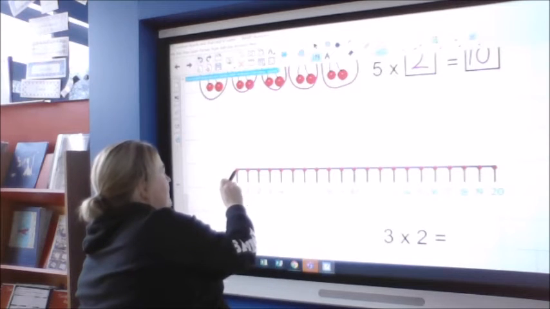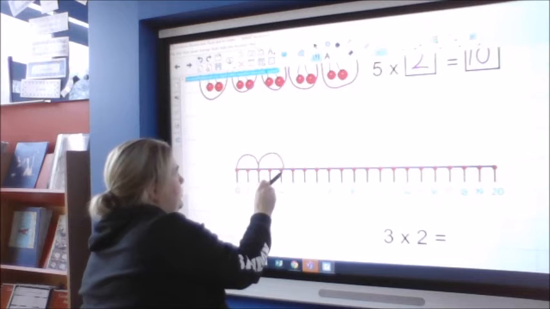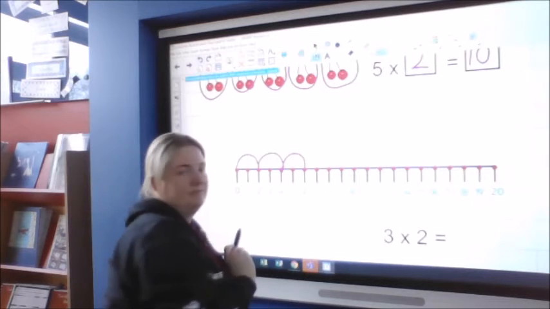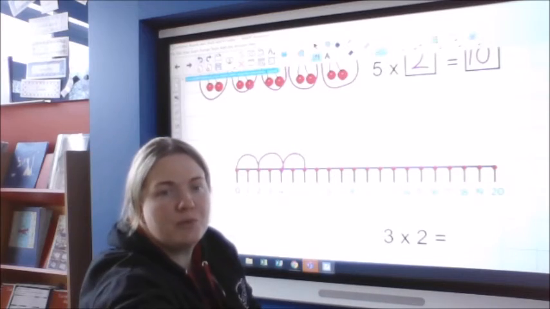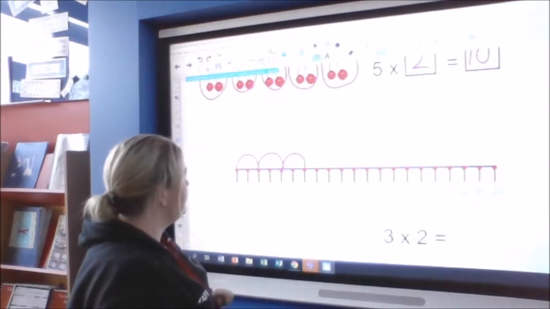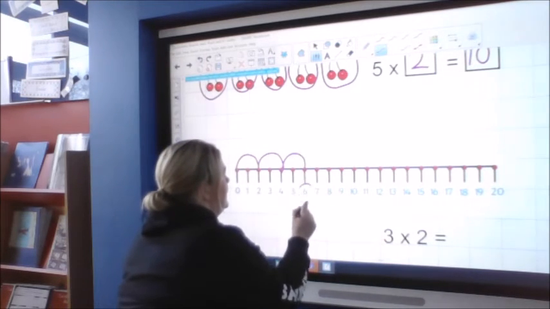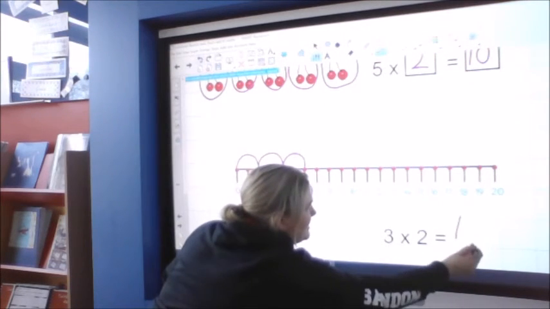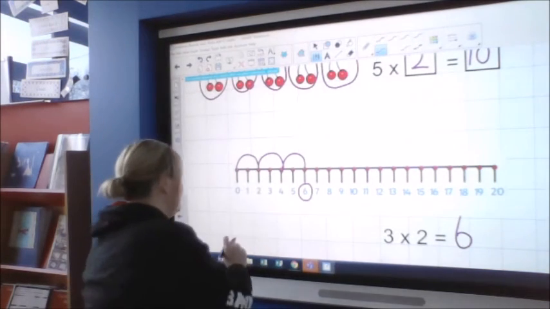So we start on 0. We're going to jump to 2. 2, 4, 6. I've got 3 jumps, missing a dot in between each one. Our answer is 6.